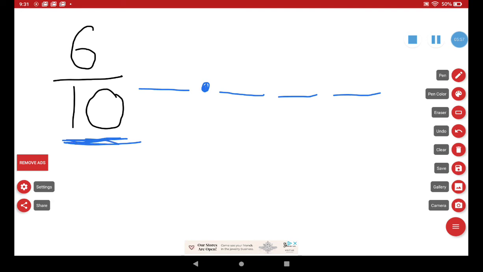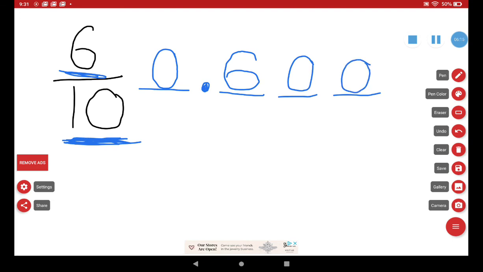Because this is a 10, I'm going to put my top number in that first place. So it becomes 6/10. I can put zeros in the other places. And a way I can write it shorthand would look like this.